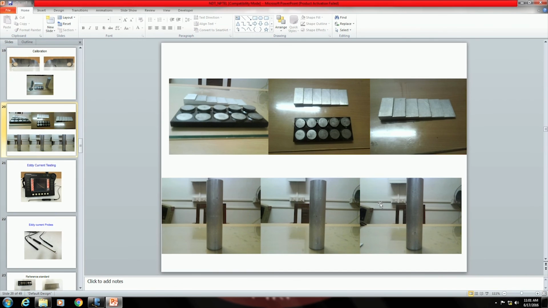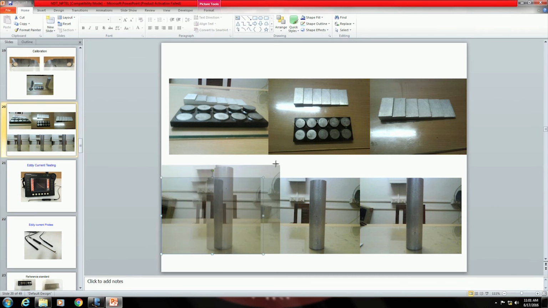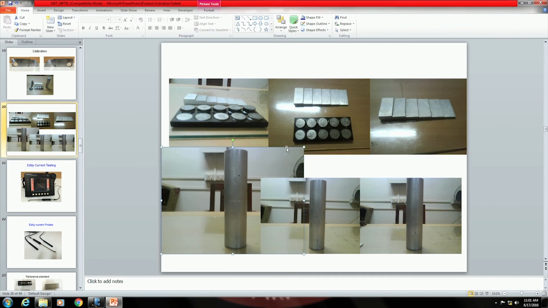Okay, so, these are the different types of calibration blocks, as you could see. For example, you could use a cylinder like this, and if you take a close look, let me magnify this, let me increase the size. I do not know whether on the screen you could see around this area there is a small hole.